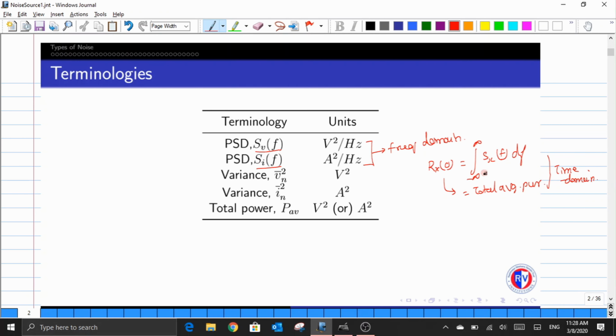Now, in case this power spectral density is being evaluated only within a specific band of frequencies, say between the frequencies f1 to f2, then the result of this integration will give us what is known as the variance or the mean square value.